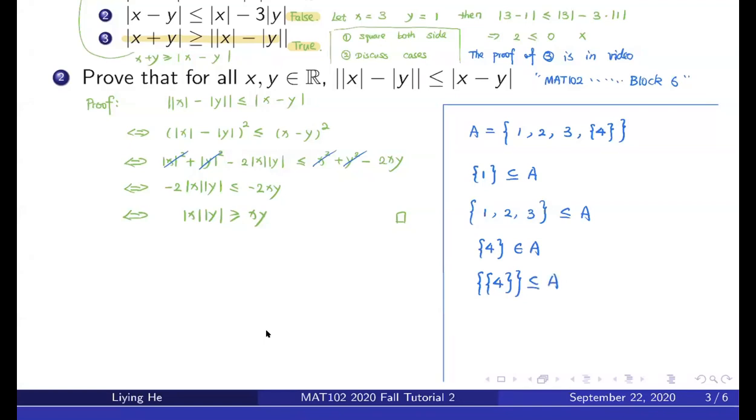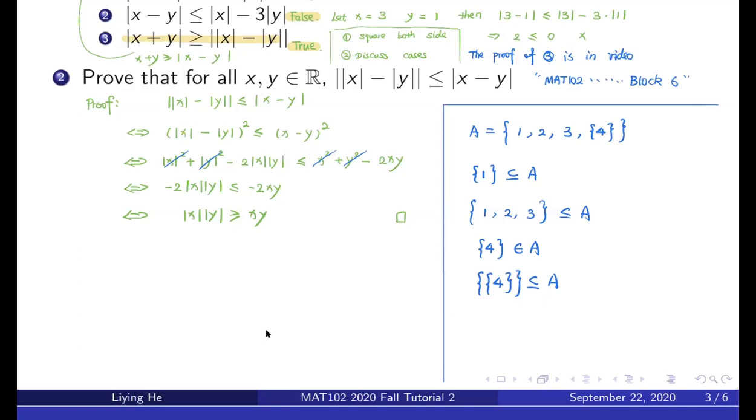Okay, wait. Because this set has one element in there, which is this. You agree? And this element is also an element of A, which makes this set a subset of A. Does that make sense?